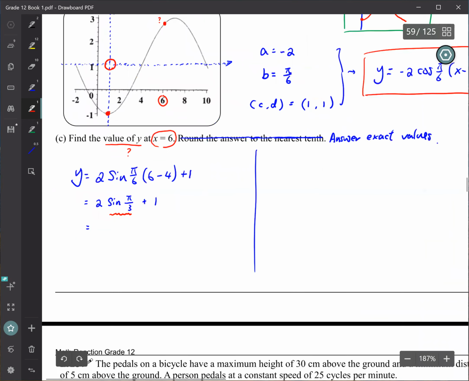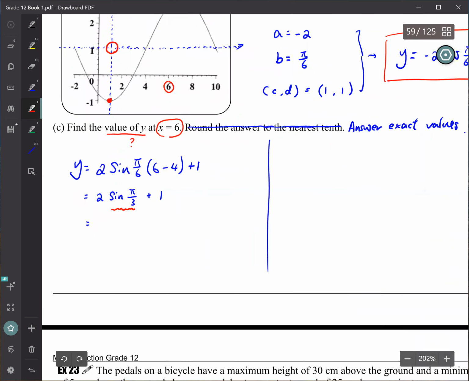Everyone has to get this. Raise your hand if you have the exact values. Is there anyone who forgot how to do this? Can you let me know?